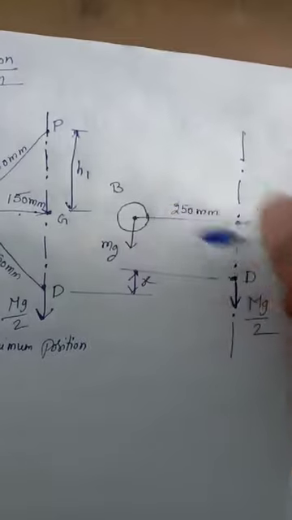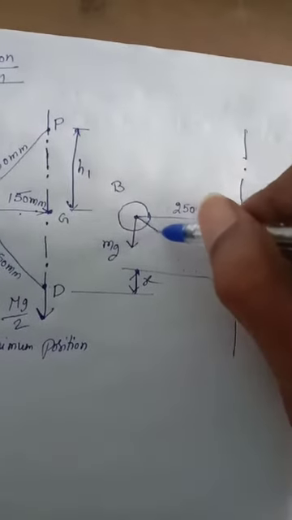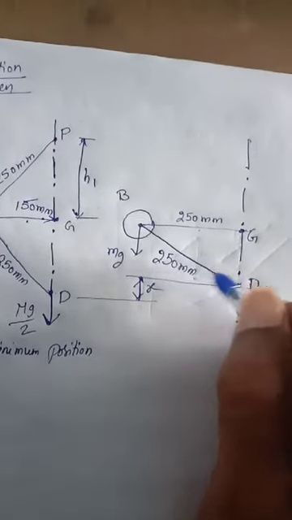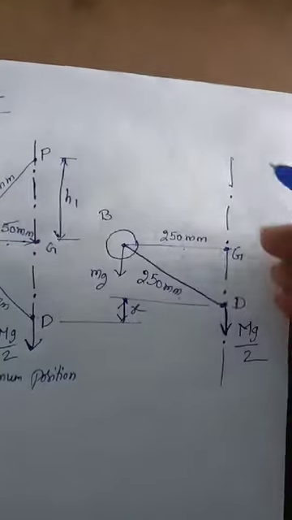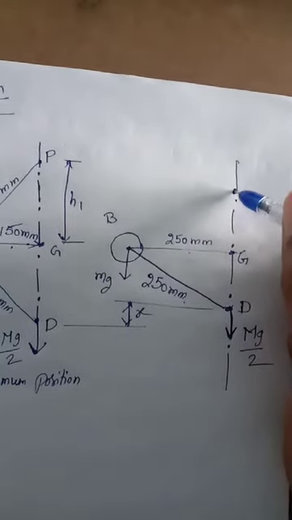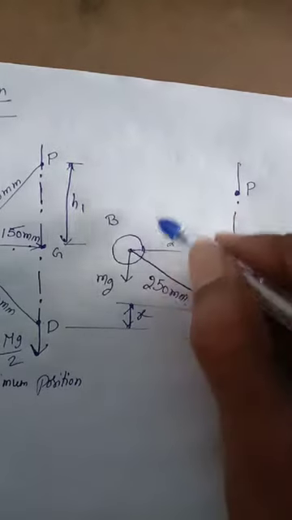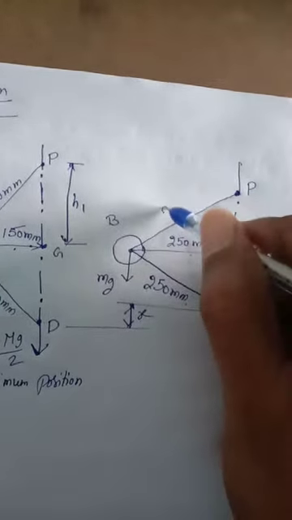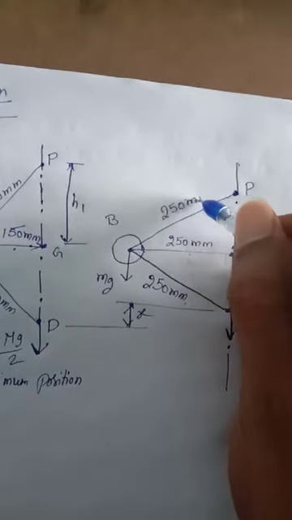Now B to D is one link. The link will not change its distance, since it is fixed at 250 mm. Similarly we take P here also. This is a similar distance, the link is similar, so 250 mm.